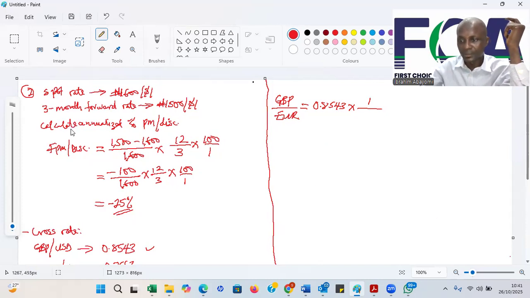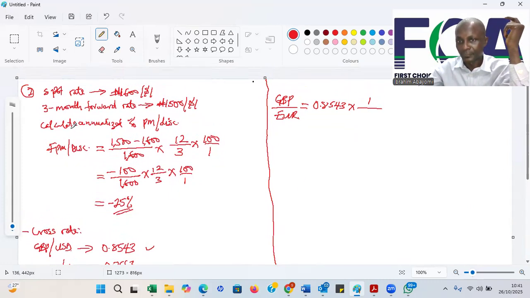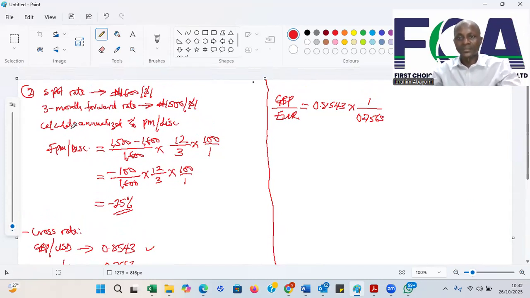Let me check that. Yeah, 0.7563. So let's do that: 1 divided by 0.7563, multiplied by 0.8543.